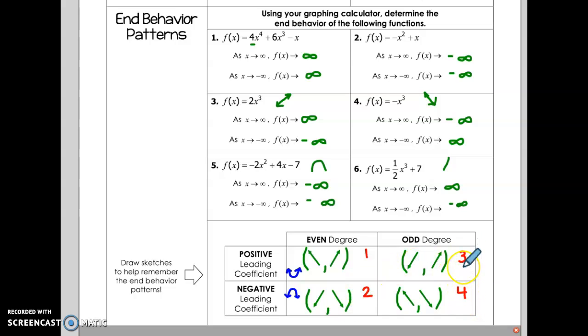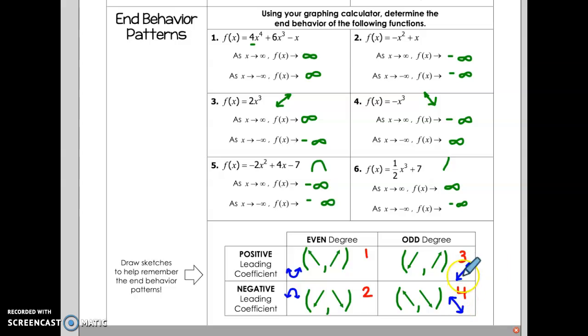A positive leading coefficient, overall, is going to look like this, right? There's going to be some curves in between, but it's going to look like a linear function with positive slope. This one is going to overall look like negative slope. Again, there's going to be some twists and turns in there, but the simplest way to think about it is to think about what you know.